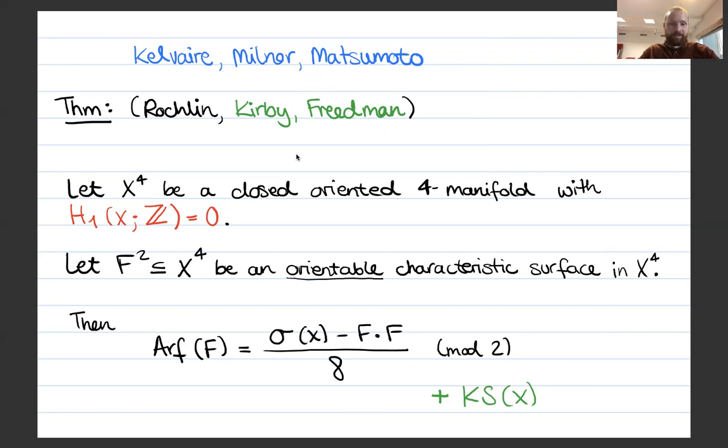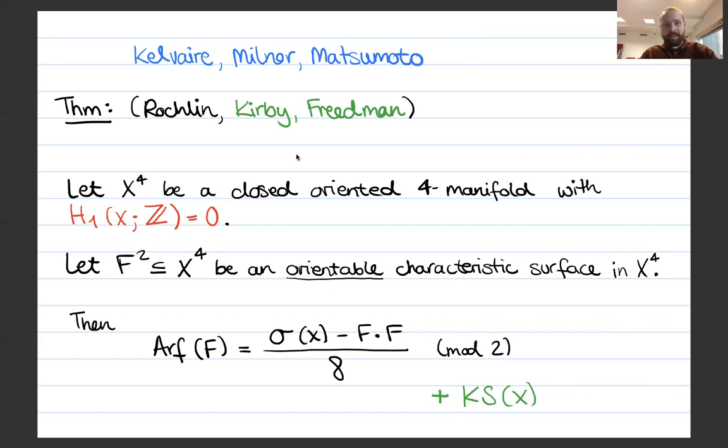Rokhlin originally discovered and proved this, and then Kirby and Freedman proved a topological variant of this, which I'll be very lightly discussing throughout. But our results will extend to the topological case fairly readily, given this version for the closed formal manifold.